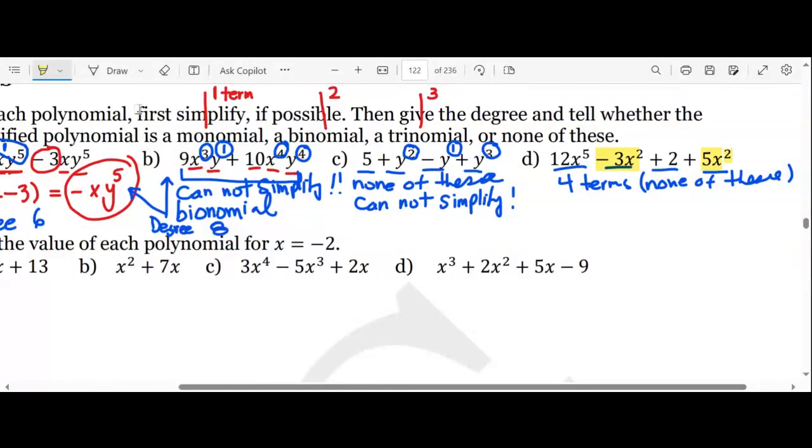They are the same. So that will give you 12x to the power of 5 plus 2x squared plus 2. Is that clear? So I simplify. That's your final answer.